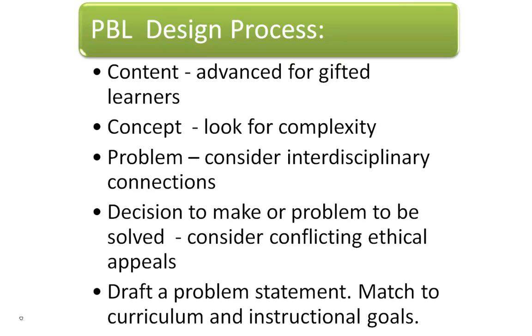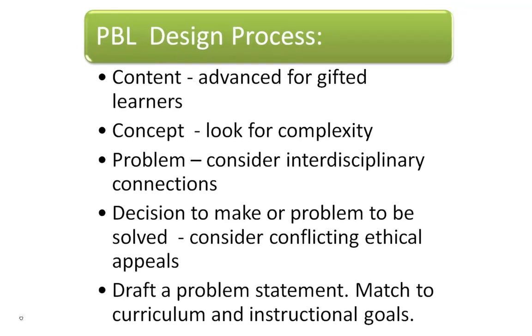The problems work best when they encourage students to consider interdisciplinary connections, and when the decision requires them to think about things from an ethical perspective, that there's conflicting ethical points of view to consider. And as always, when you're drafting your problem statement, make sure there's a good match between the curriculum and your instructional goals with the problem that you're having the students work on.